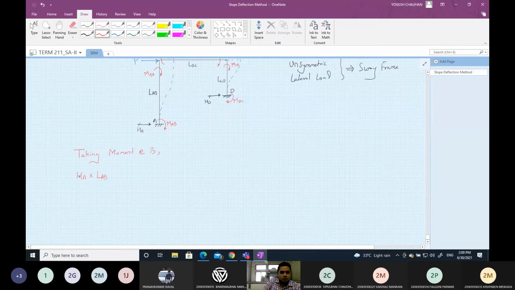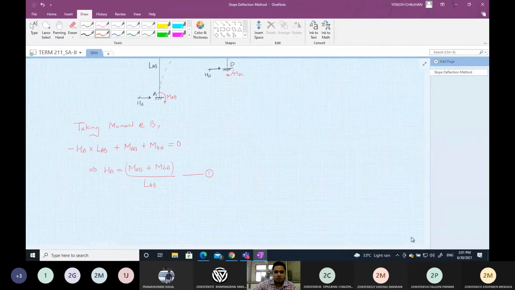This will cause anti-clockwise moment, so minus, plus MAB, it is assumed in clockwise direction, so positive. MBA, it is also assumed clockwise, so positive, plus MAB plus MBA equal to 0. So this implies HA is equals to MAB plus MBA divided by LAB. Mark this as number 1.